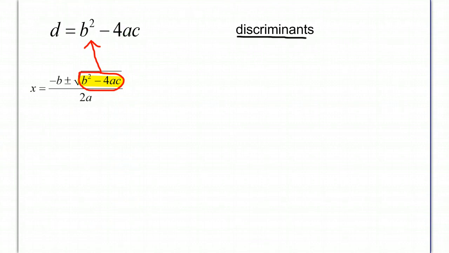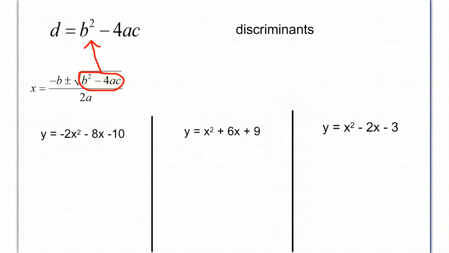So let's try some examples. Whenever you have something like this, we need to find our a, our b, and our c. So we could say our a is negative 2, our b is negative 8, and our c is negative 10. So we start working out this problem.